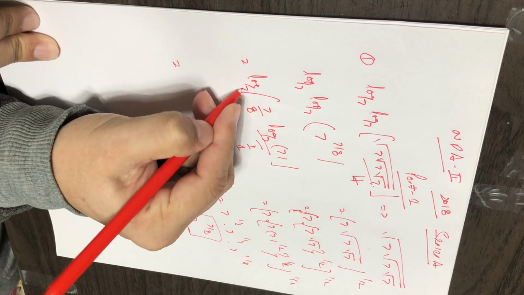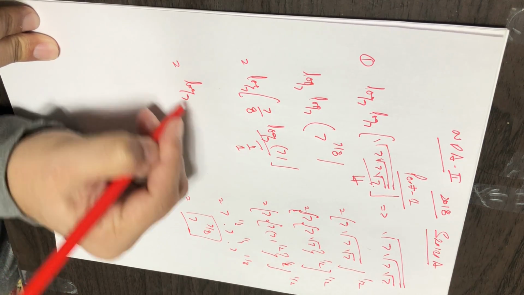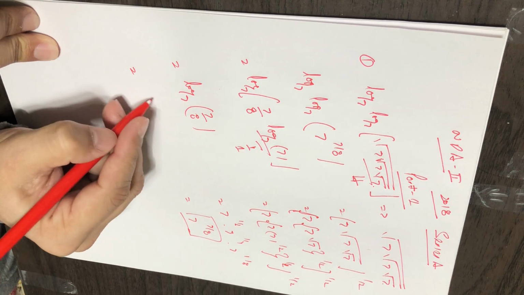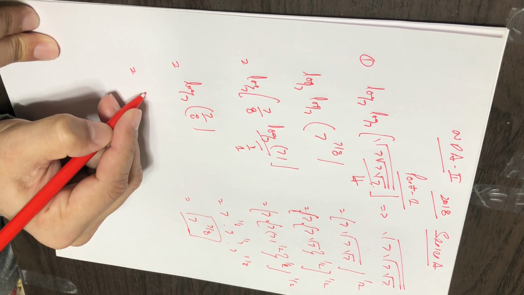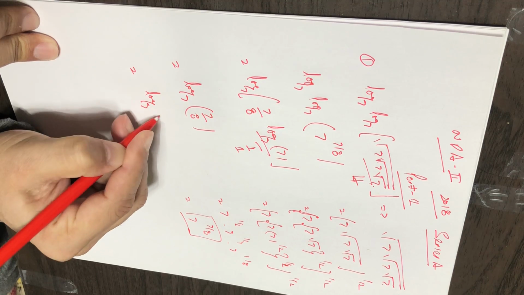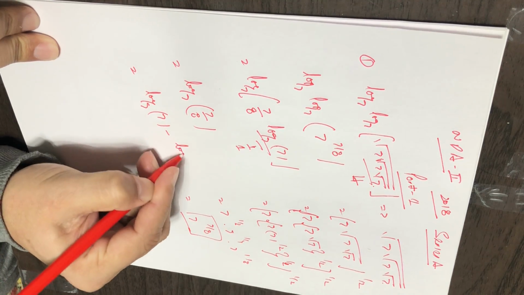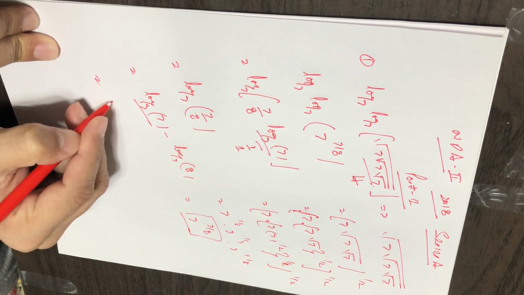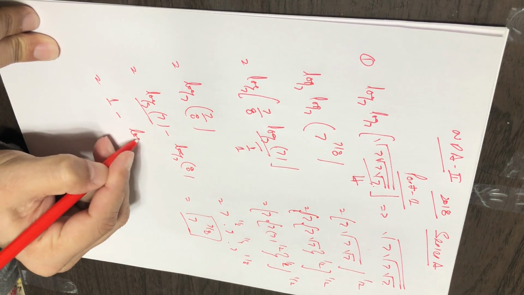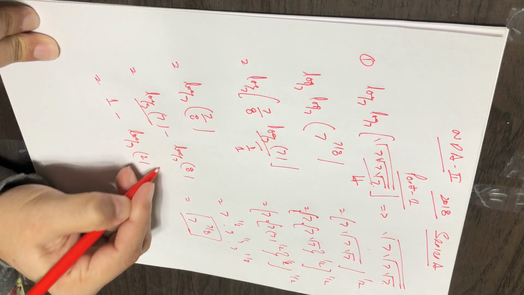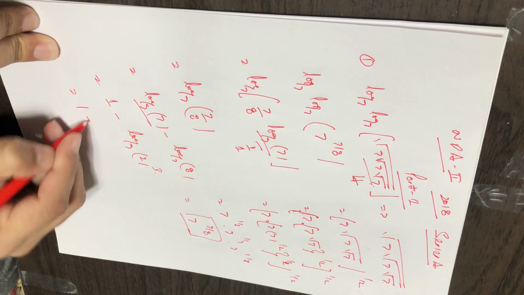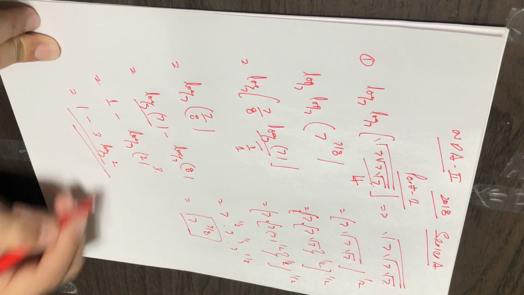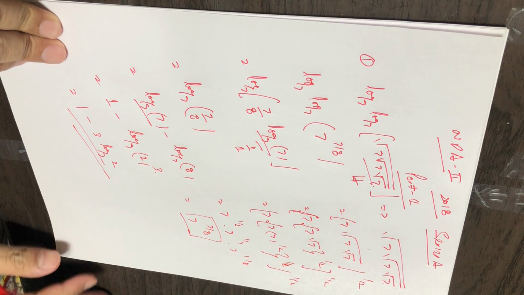This will equal log of 7 by 8. Once again using the log property, we can write this as log to the base 7 of 7 minus log to the base 7 of 8. This will equal 1 minus log of 7 of 2 raised to power 3, that is 1 minus 3 log to the base 7 of 2. This is the final answer.